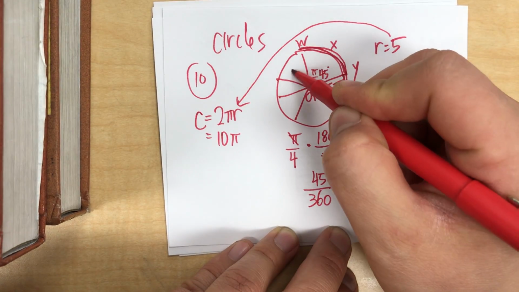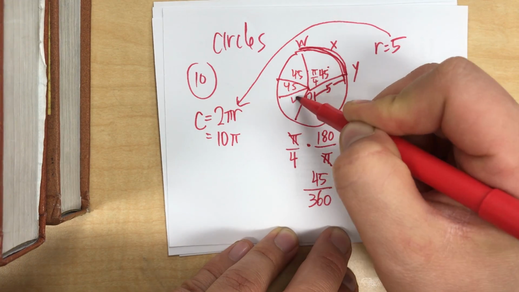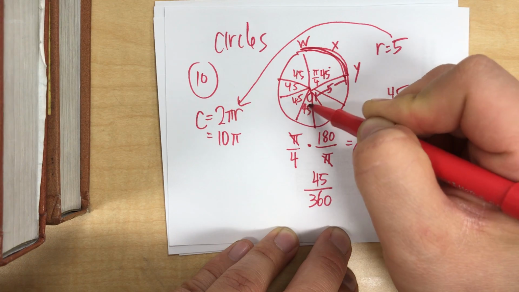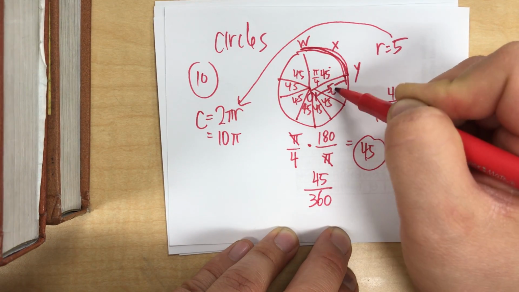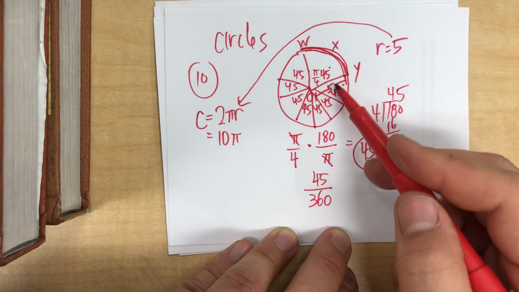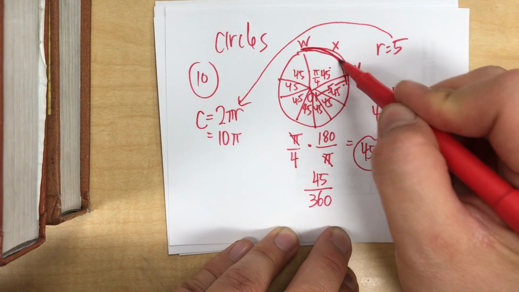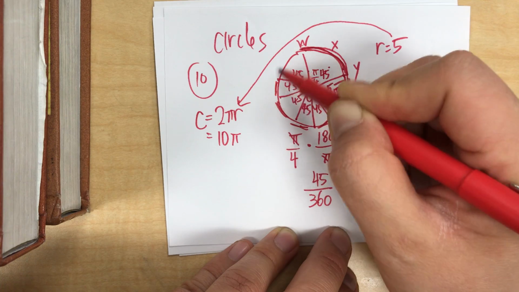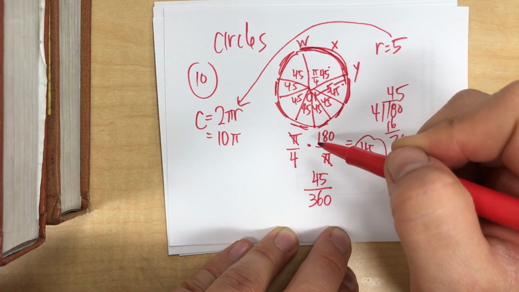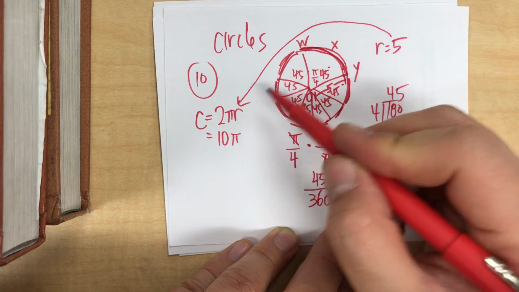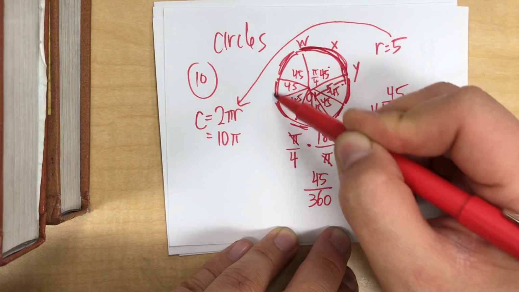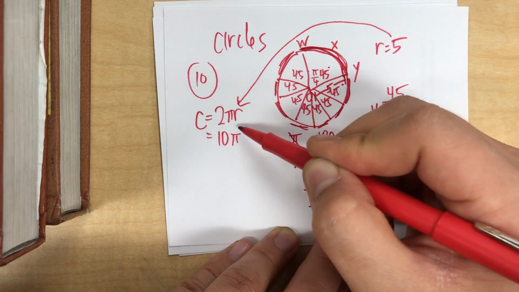That basically says that it looks like this: there are 4 pieces on that side, 4 pieces of pizza on this side, and all of them have a 45-degree angle, because there are 8 pieces. That means that there are 8 pieces of crust as well. All these crusts are equal. So if they want to know what this piece is, it's going to be 1/8 of the total. And this is the total.